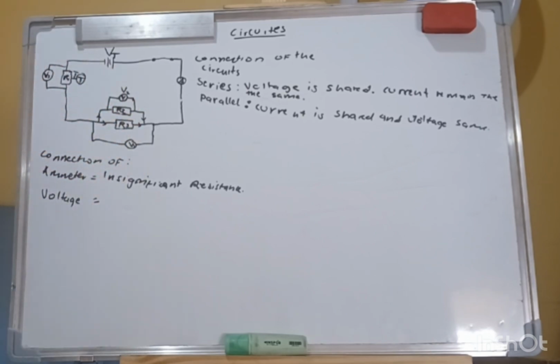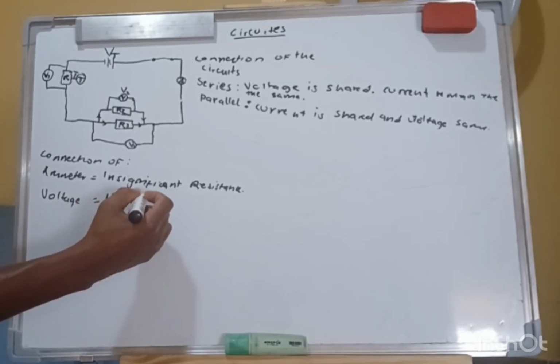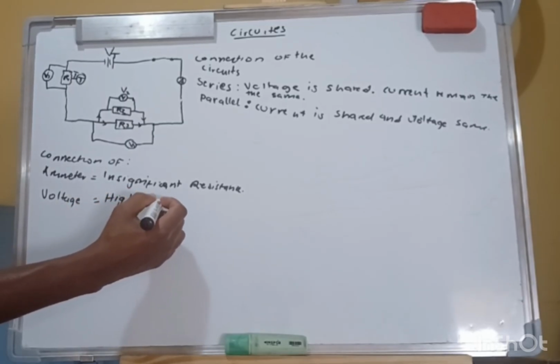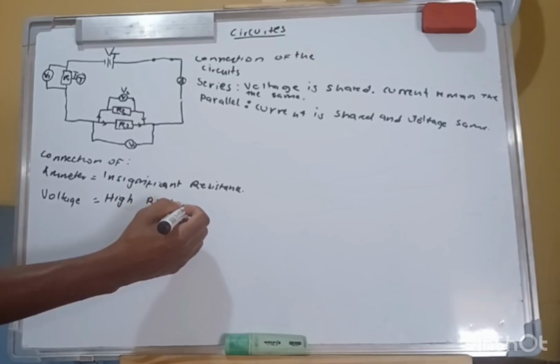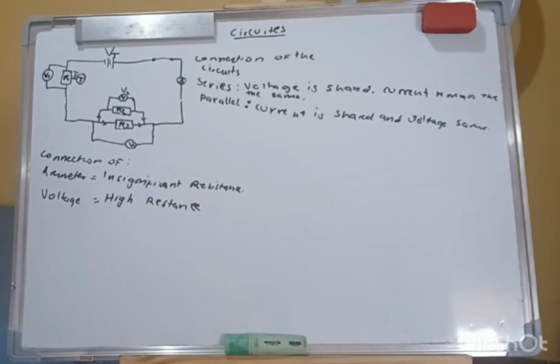You don't see it in series because it has high resistance. Which means if you connect it where there will be a flow of current, the current will not flow because of its high resistance. Remember, the resistance goes against the current. It actually affects the current.